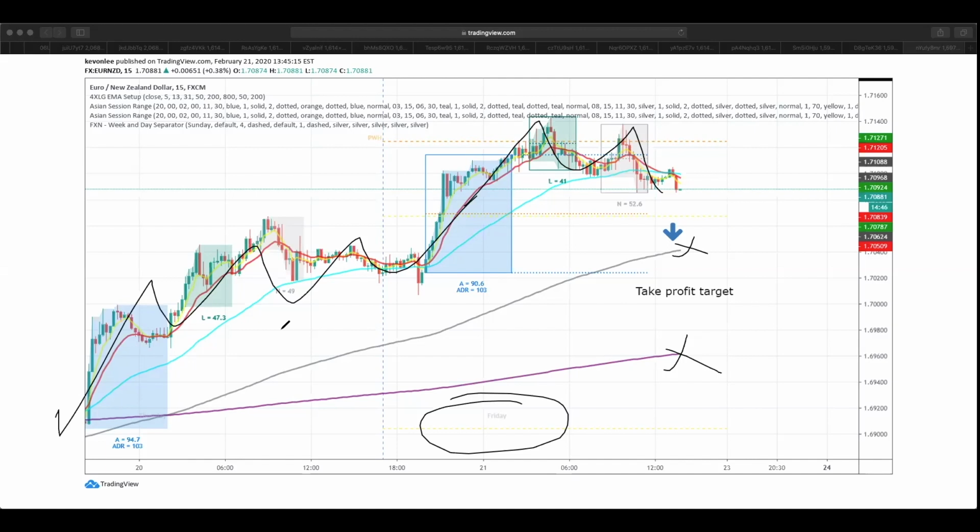See that? A 90 pip session. Basically moved the entire ADR during Asia. And then look, it still moved 41 pips during London and another 52 during New York session. So almost a movement of about 200 pips.